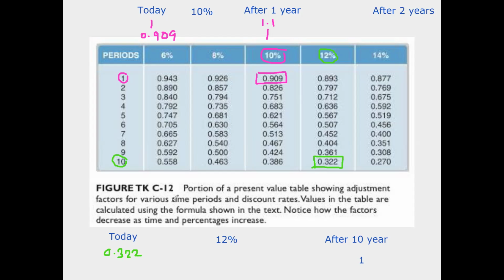Okay, one last question. Again, I didn't get the answers properly, so I expect you to give me an answer. How much do I have to invest today to get $1 after 6 years with 8%? I will repeat. If I want to get $1 after 6 years with 8% interest rate, how much do I have to invest today?